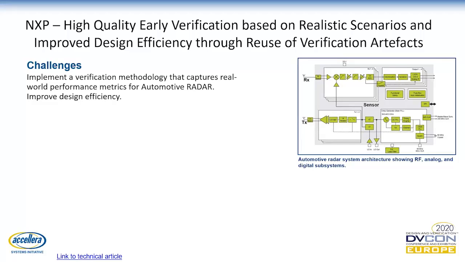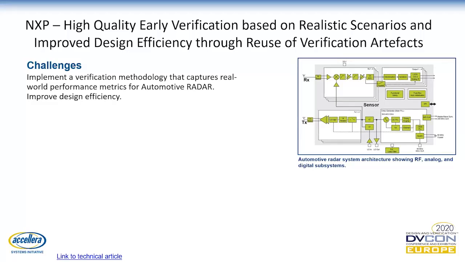They also needed to improve the design efficiency. They did it in the design exploration phase, in the digital design parts, and even in post-silicon activities like characterization and testing. So they could use the test benches and the stimuli that they used in the design also to test the real silicon, to drive the same test vectors into the silicon and see, of course, that it behaves as expected.